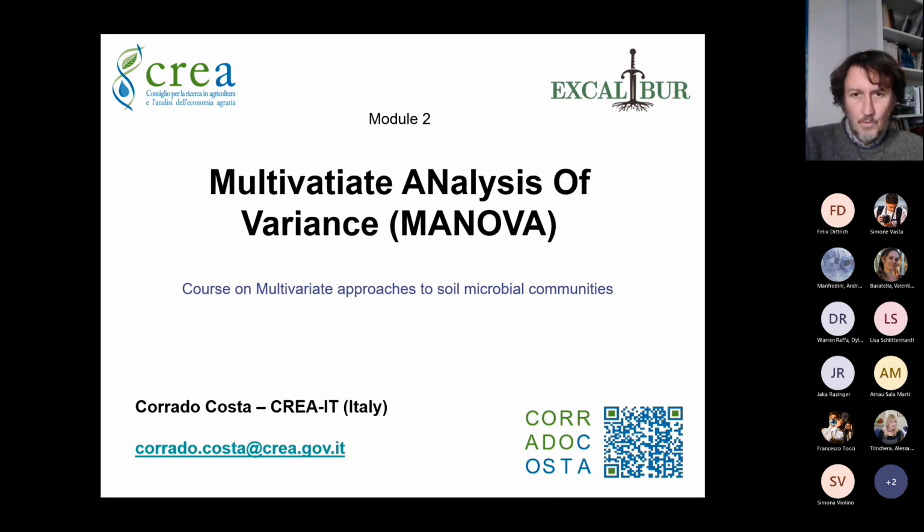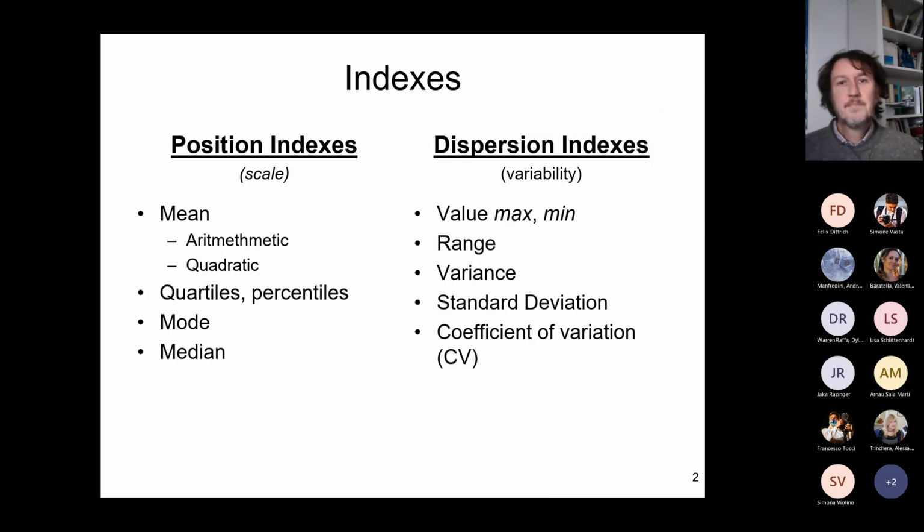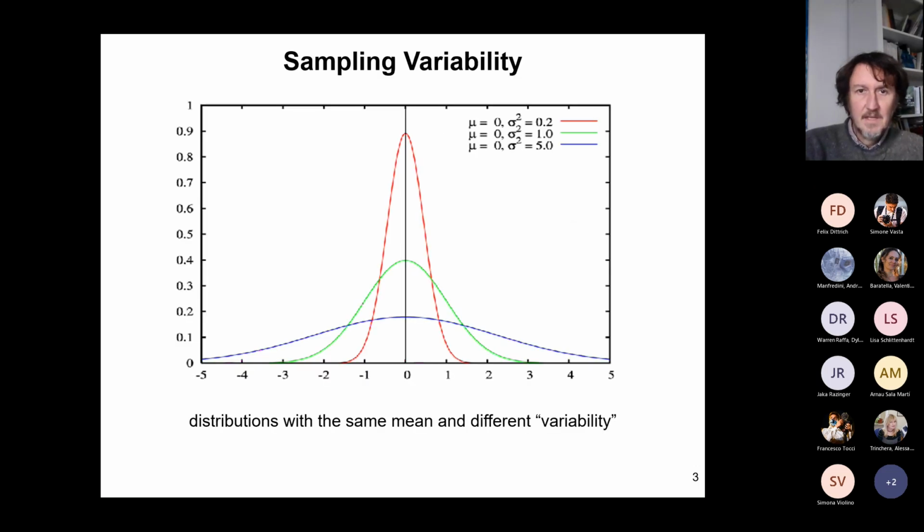We can start by introducing the different kinds of indexes. We have position indexes such as mean, mode, median, and dispersion indexes such as range, variance, standard deviation. Everybody knows these kinds of indexes.